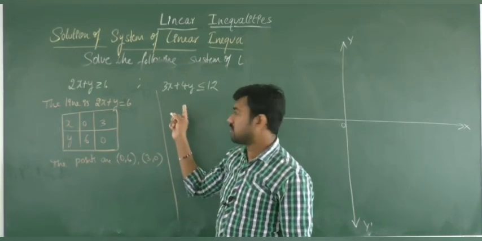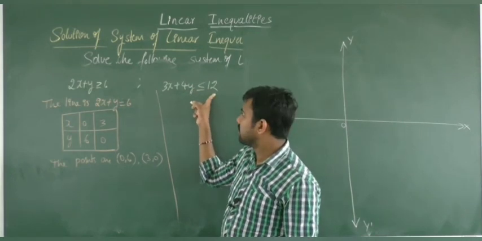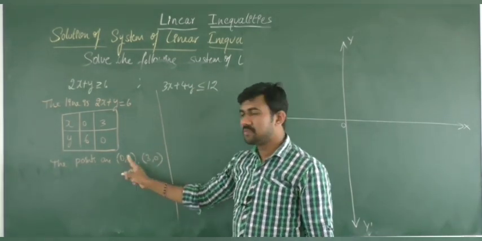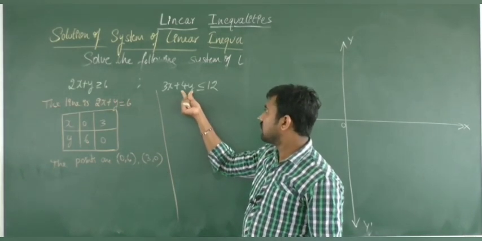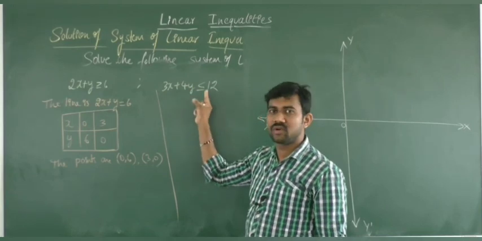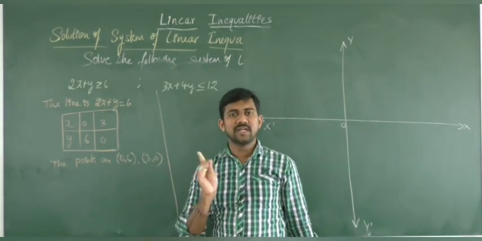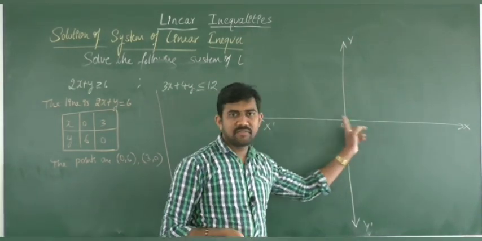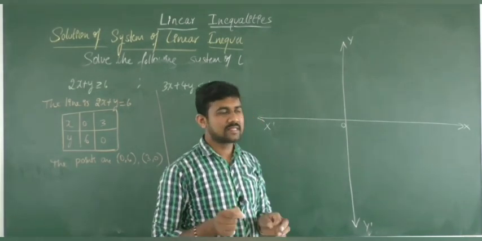You can check here also: when x is 0, we get 4y is equal to 12, y is equal to 3. On the y-axis I need at least 3 points, so the maximum we need on the y-axis is 6. Similarly, when y is equal to 0, we get 3x is equal to 12, x is equal to 4, which means the maximum point we need on the x-axis is 4. So it is enough to consider at least 6 points on the y-axis.